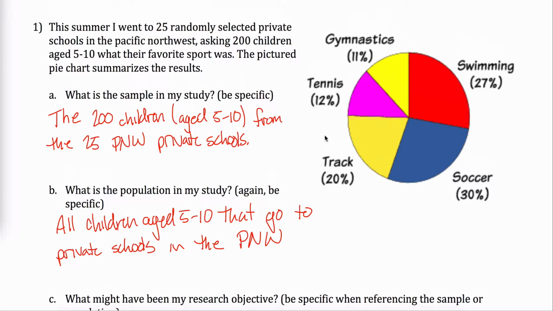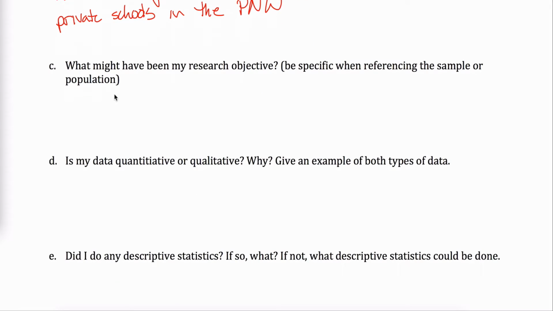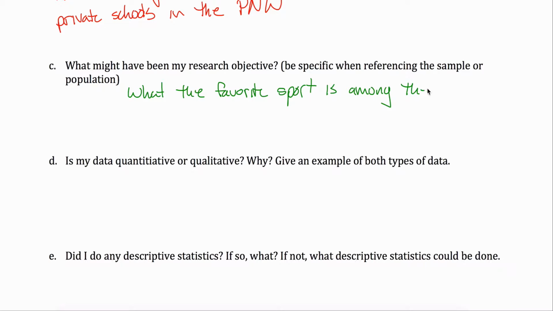So I don't know, what the favorite sport is among the children in the above population. I could write what the population is again right here, but since I already wrote it up in part B, I don't need to copy it again. I'll just reference it down here.